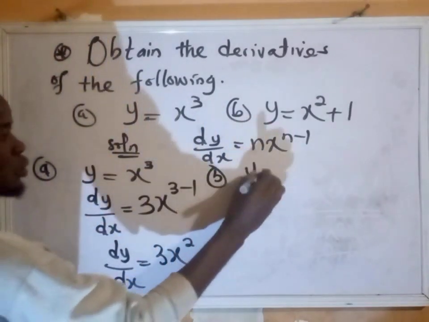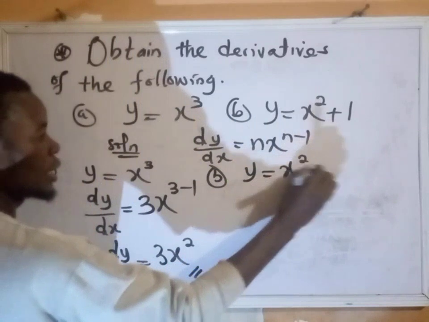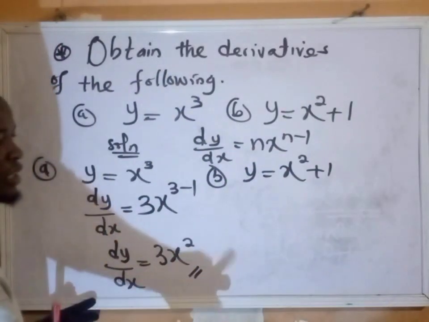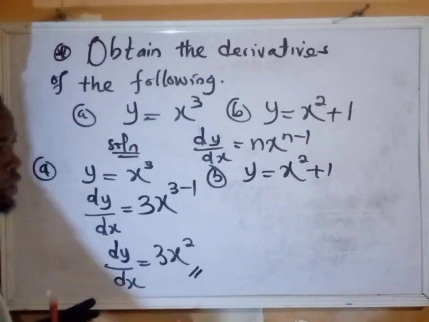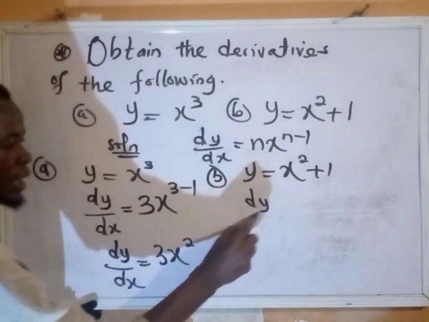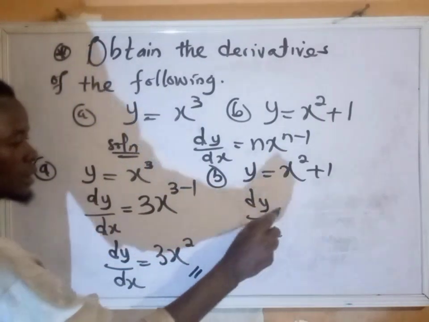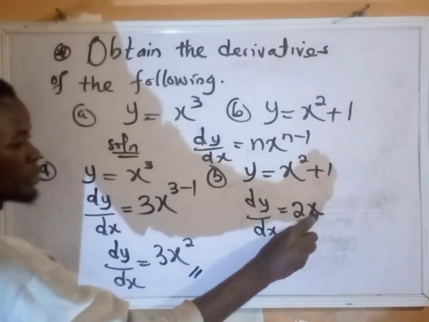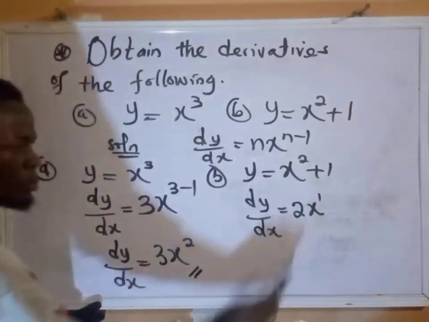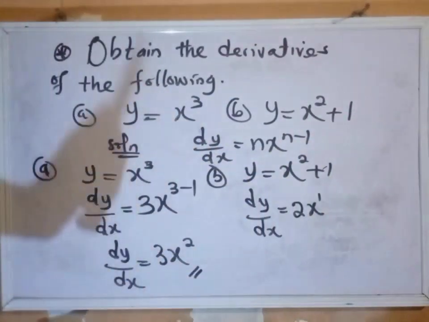The second one, which is y equals x squared plus 1. To differentiate this, we take the derivative of it and the derivative of this as well. Okay, let's see dy over dx. By applying the same thing, take this 2 back, then subtract 1 from it, we have 1. But here is the constant value. We have 1 there.